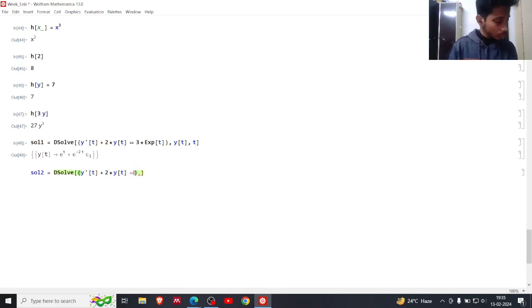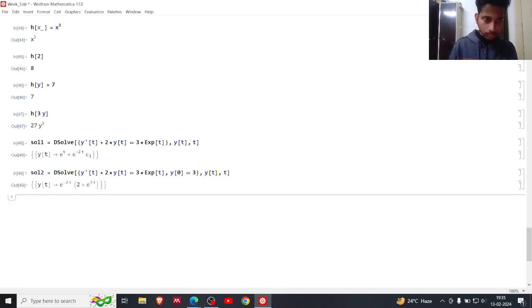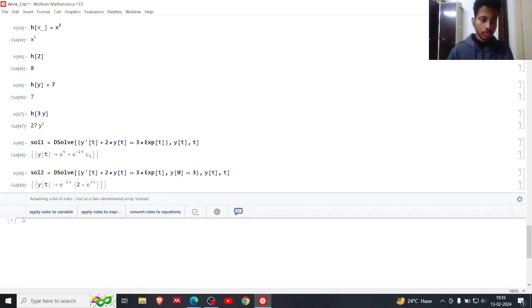y(t) equal to 3 exp, y(0) equal to 3. So this is the solution for this differential equation, y'(t) + 2y(t) = 3e^t.